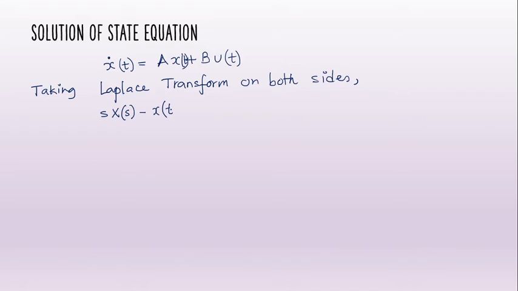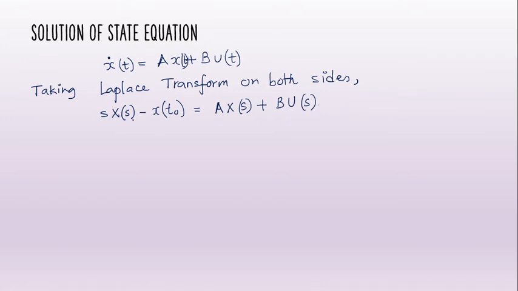Either you can write x(0), or you can write x(t0), whatever you want. Then we take the Laplace transform of the right hand side, so it will be A X(s) plus B U(s).